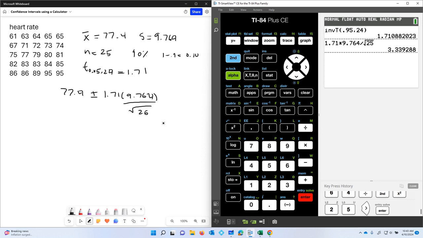Okay, so here we have 77.4 plus or minus 3.34. If we want to use 3.3, we can, whichever is the case, but we'll just say 3.34. So you take 77.4 and subtract the margin of error, which gives us 74.06.